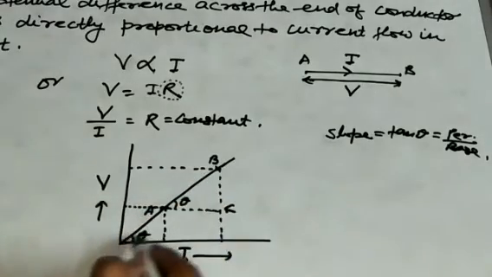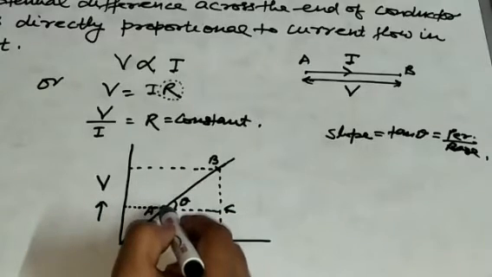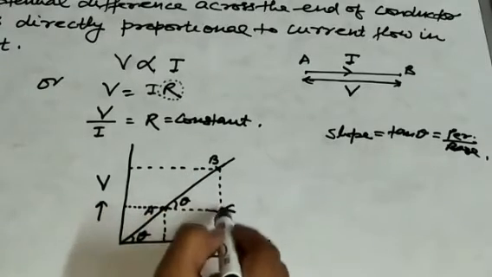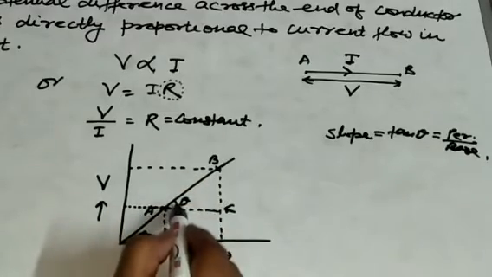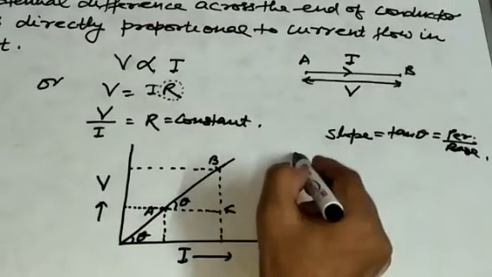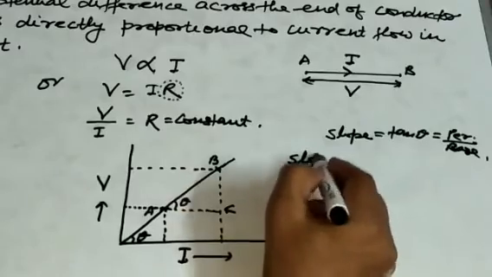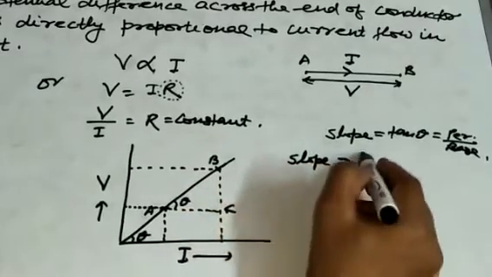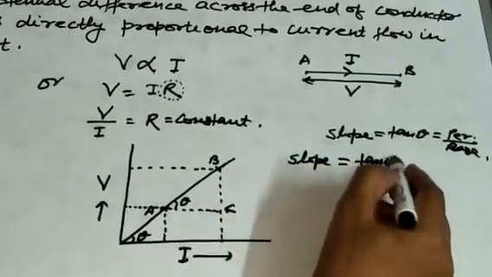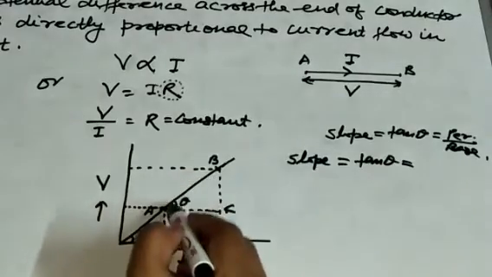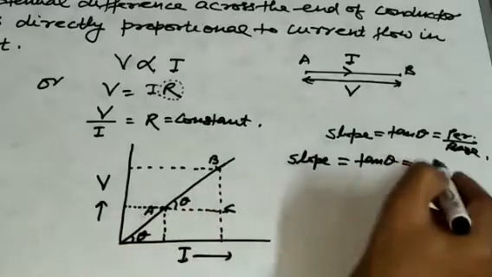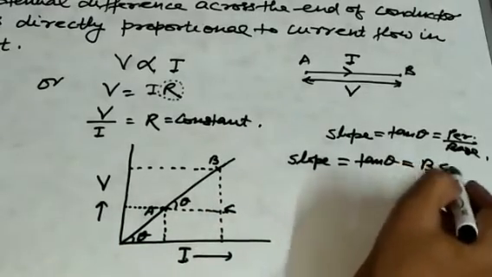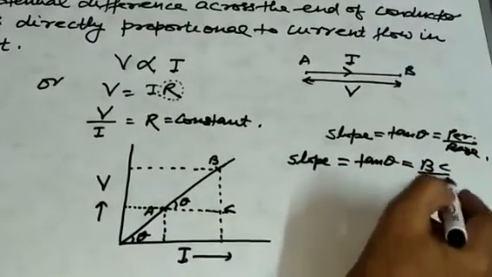The slope of this line is simply tan theta in this right angle triangle ABC. So slope is equal to tan theta, and from this triangle tan theta is equal to BC upon AC.